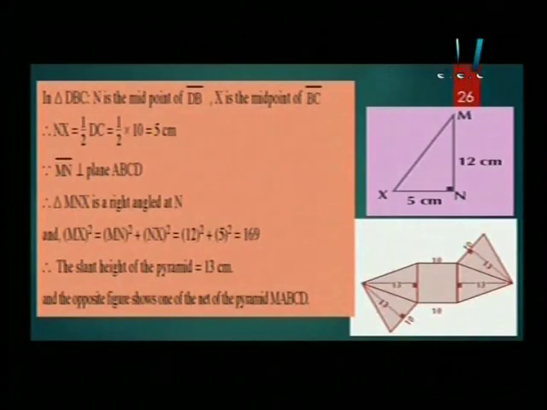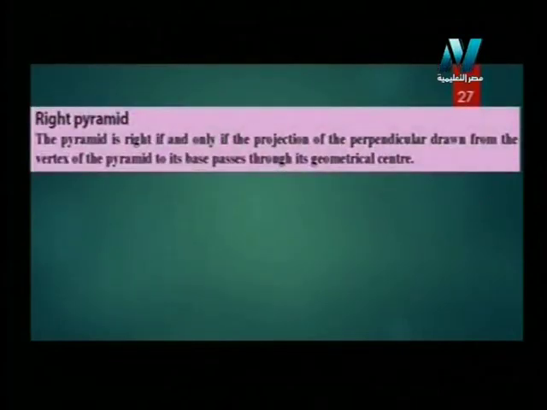We have here the square base, its sides of equal length, and 4 triangles as faces here. Slant height equals 13 centimeters. Right pyramid: what is a right pyramid? The pyramid is right if and only if the projection of the perpendicular drawn from the vertex of the pyramid to the base passes through its geometrical center, like that.